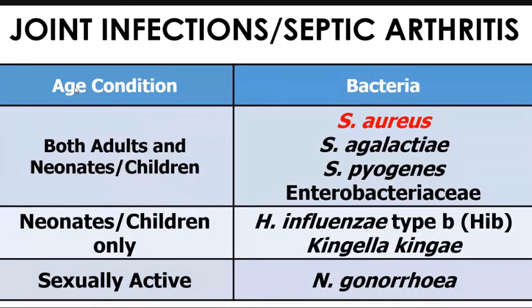Now, sa neonates or children only, makikita ninyo na ang bacteria na nagkukos lang ng septic arthritis or joint infections. Usually kasi dito isang joint lang, so isang part lang. Are Haemophilus influenzae type B or our Hib, and also Kingella kingae, and amongst those who are sexually active, so that joint infection or your septic arthritis may be caused already by Neisseria gonorrhoeae.